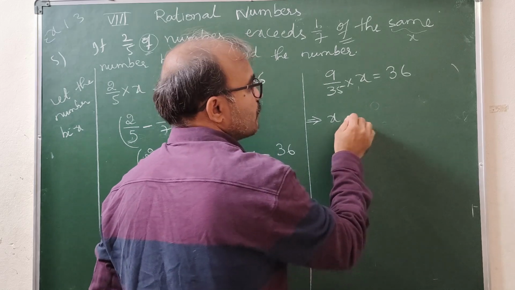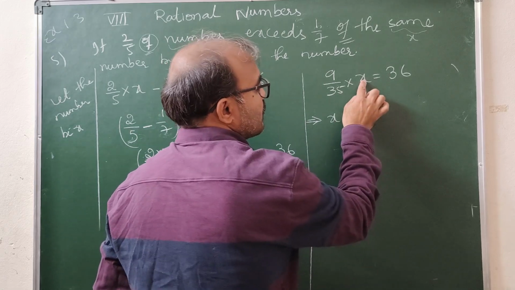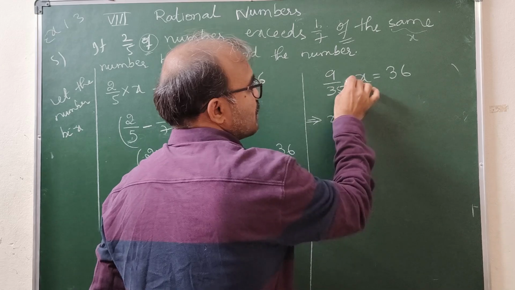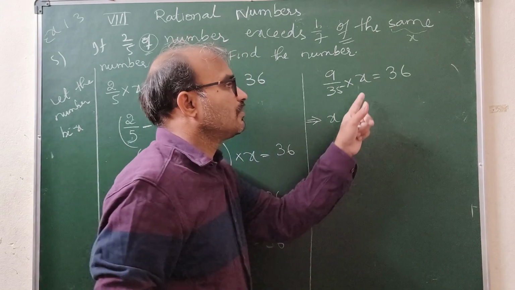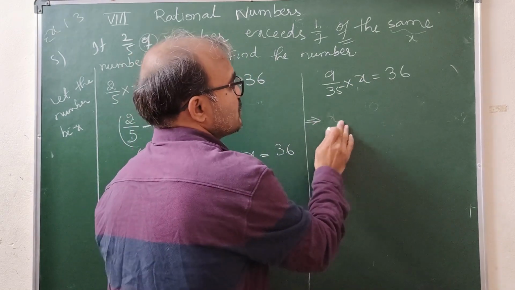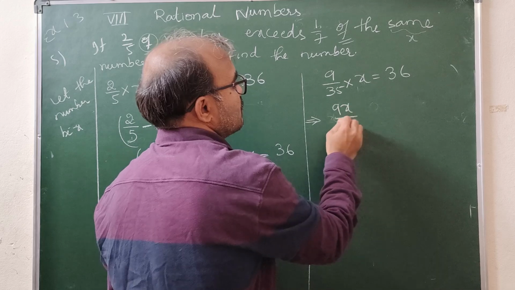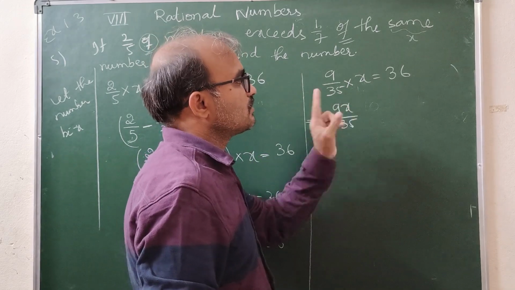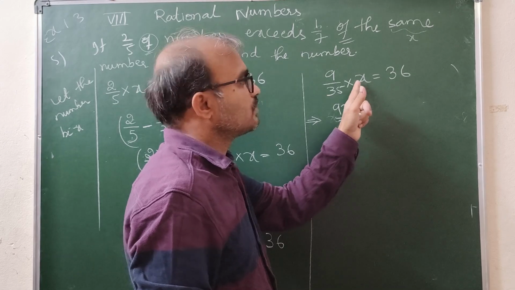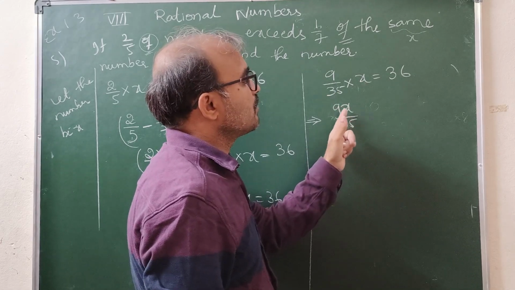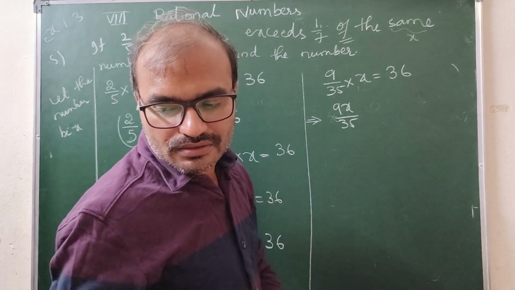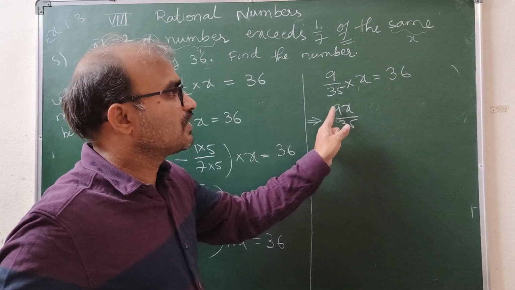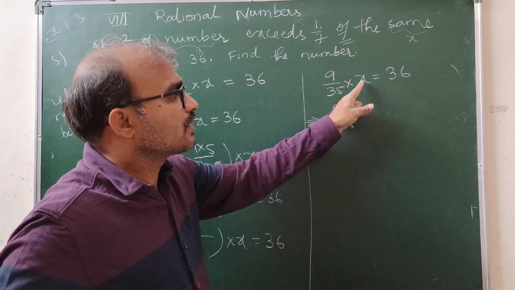Or else you can do it in another way. For x, you can write this as 9x by 35, right? Means 9 is multiplying x, and x by 35 is a division. So there is an operation of multiplication between x and 9, and a division by 35.